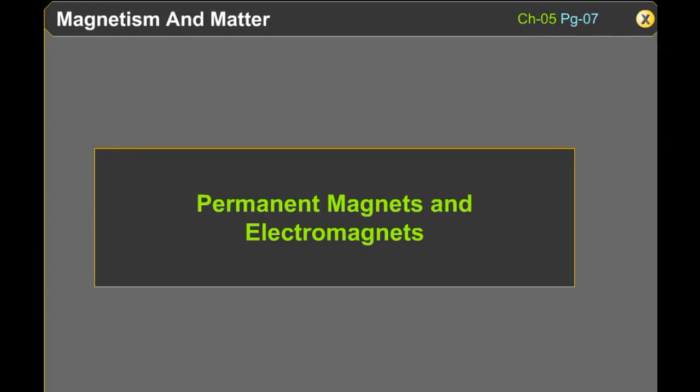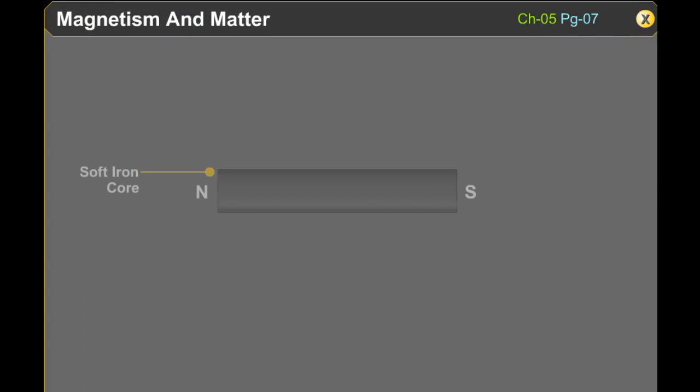Electromagnets. The core of an electromagnet is made of ferromagnetic materials which have high permeability and low retentivity. Soft iron is a suitable material for electromagnets.